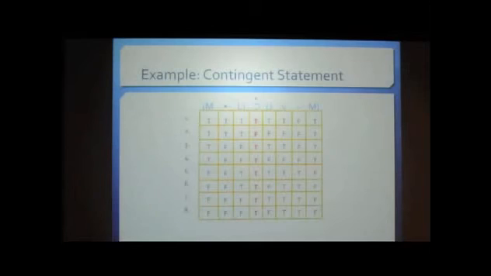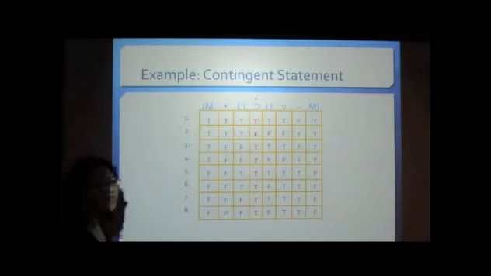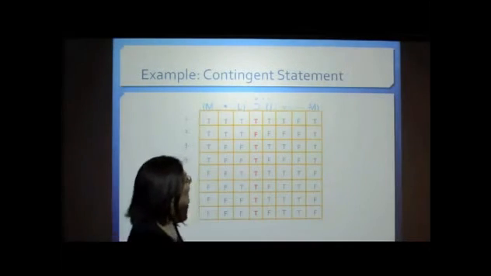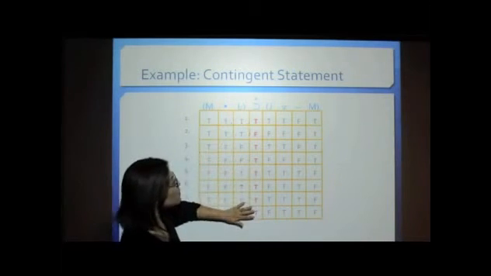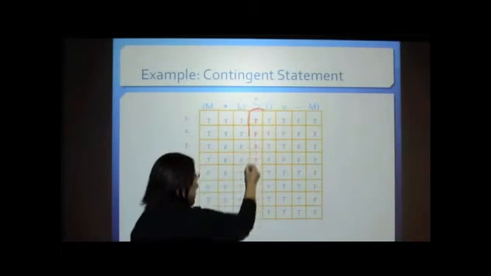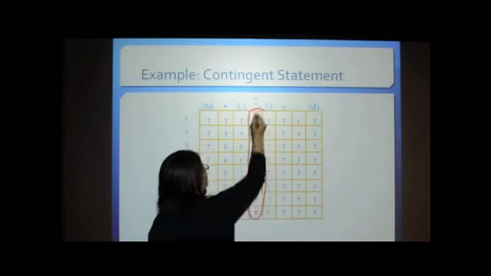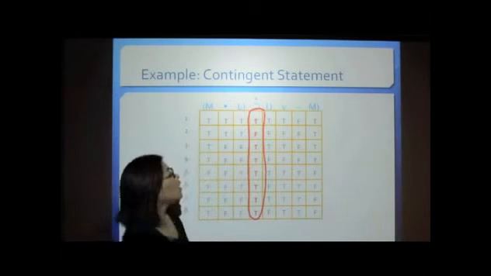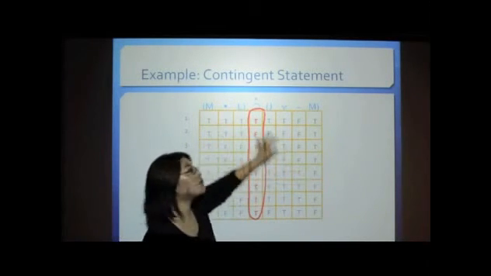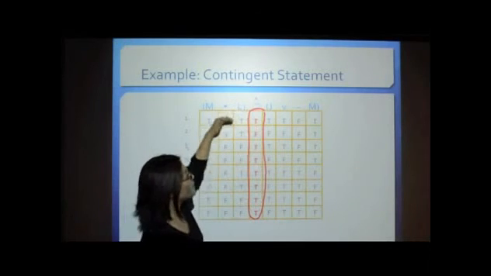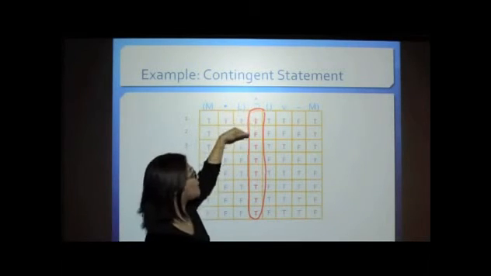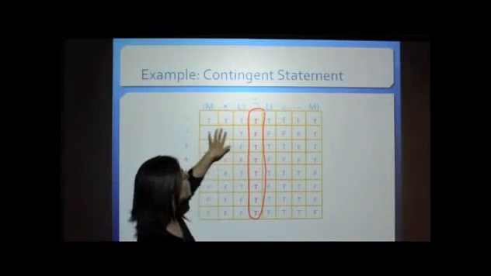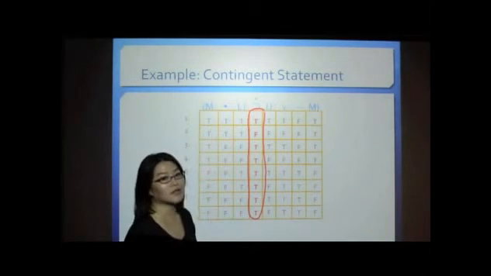So notice here, this is the example that we worked with just recently, and in its truth table, this is the column that represents the possible truth values for this statement. According to the truth table, this statement can be true and false, okay, depending on the truth values of its component parts, okay?